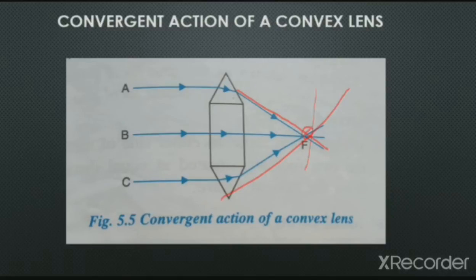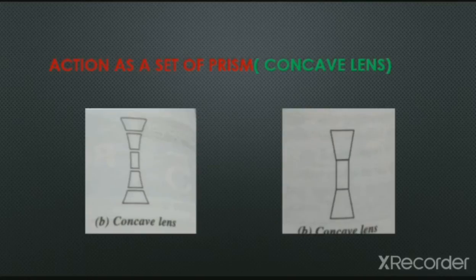Clear? So this is how the converging action takes place through a convex lens, and this is the ray diagram through which you can show the converging action of a convex lens by dividing it into three parts. The upper and the lower part will behave as a prism and the middle part will behave as a glass block. Now we'll see the action as a set of prisms for a concave lens.